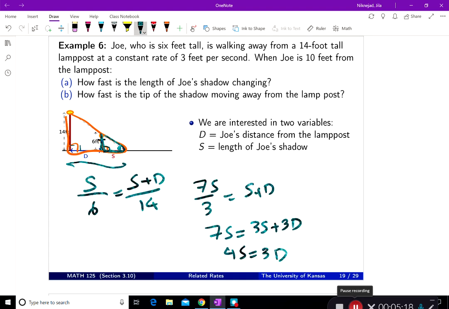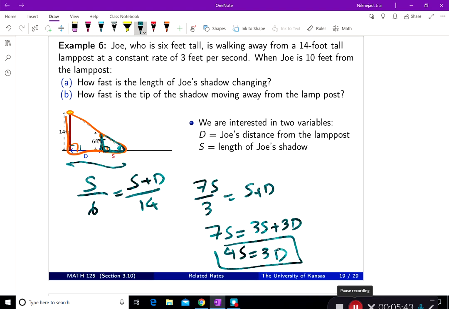Now I can use this equation that connects, again, we discussed that S and D are both changing, and now I connected the two quantities together. Let's see which one I know at the instant and which one I don't know at the instant.